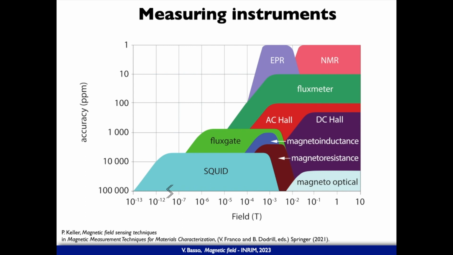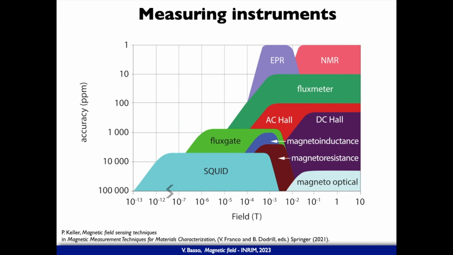Much worse if we go down, we have the flux meter, the Hall probe methods, magnetoresistance and magnetoconductance, so effects related to metals in solid state, and the fluxgate, an instrument that we already mentioned and will see in more detail. SQUIDs can go down to low fields, but then accuracy depends very much on how they are arranged.